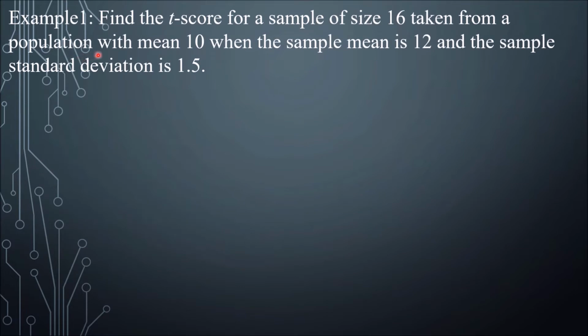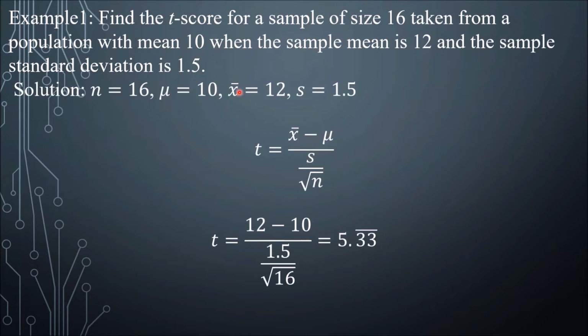Example number 1. Find the t-score for a sample of size 16 taken from a population with mean 10 when the sample mean is 12 and the sample standard deviation is 1.5. Take note that n is equal to 16, which is less than 30. Therefore, we will be using t distribution.